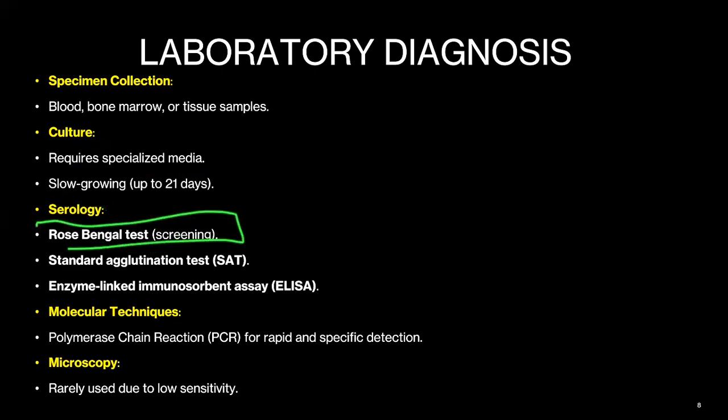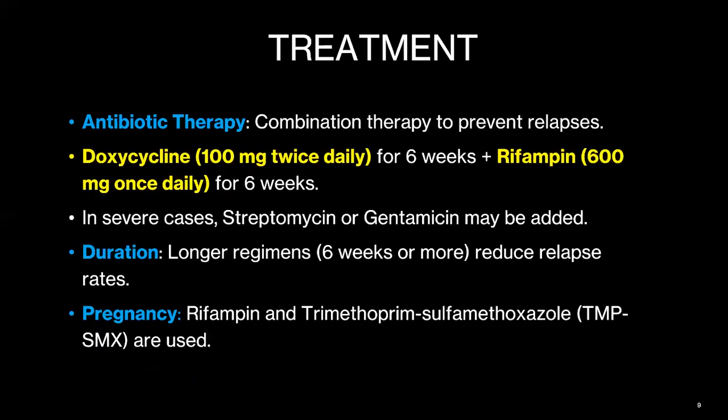That is the important one. Standard agglutination test, SAT, and enzyme-linked immunosorbent assay, ELISA, for the Brucella. Next, molecular technique like PCR for the detection of the genetic material, and microscopy rarely used due to low sensitivity.